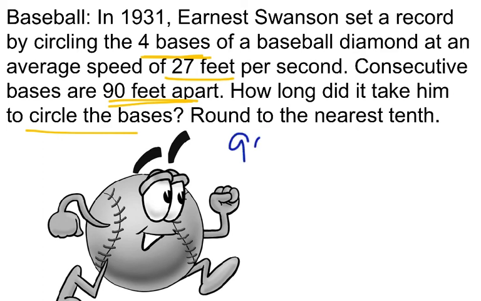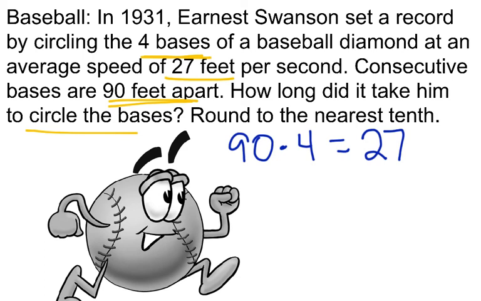So we have 90 times 4, and an average speed of 27 feet per second. So we have 27 feet per second to get to all 4 bases. How long did it take him to circle the bases, round to the nearest tenth? So we need to really ask ourselves, well, 27 times what equals 90 times 4, or our bases?